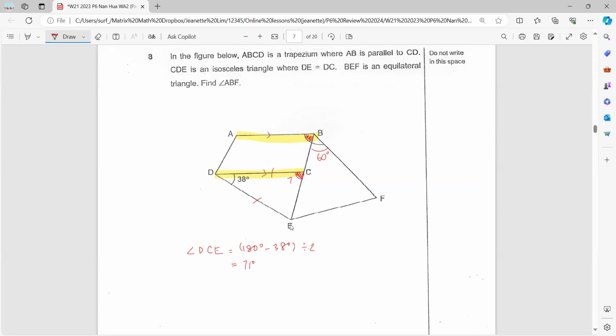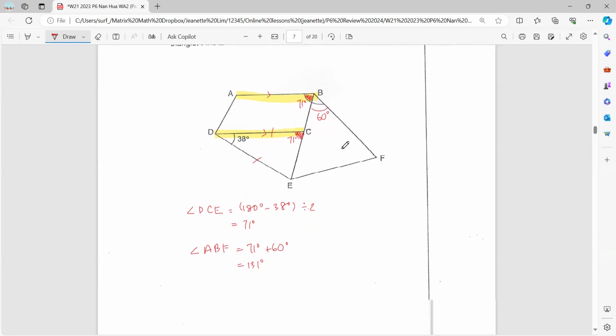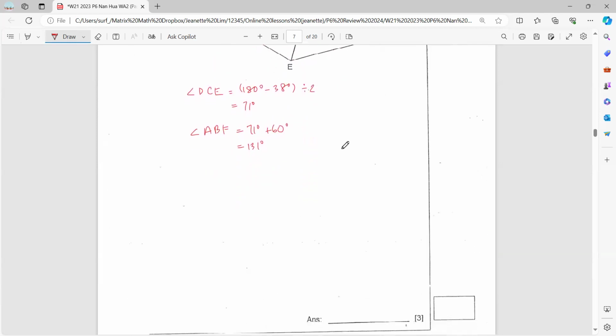So if this is 71 degrees, then this is also 71 degrees. So angle ABF is actually 71 degrees plus 60. 131. Okay, 71 plus 60. 131 over here. That is what we want to find.